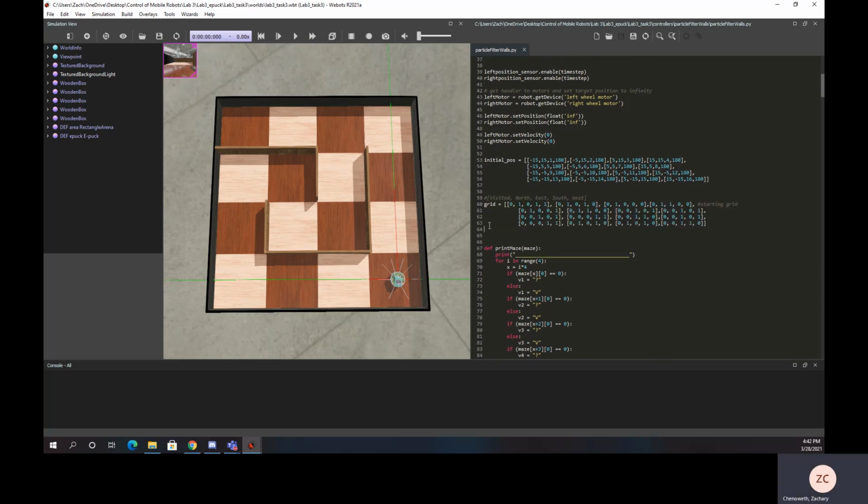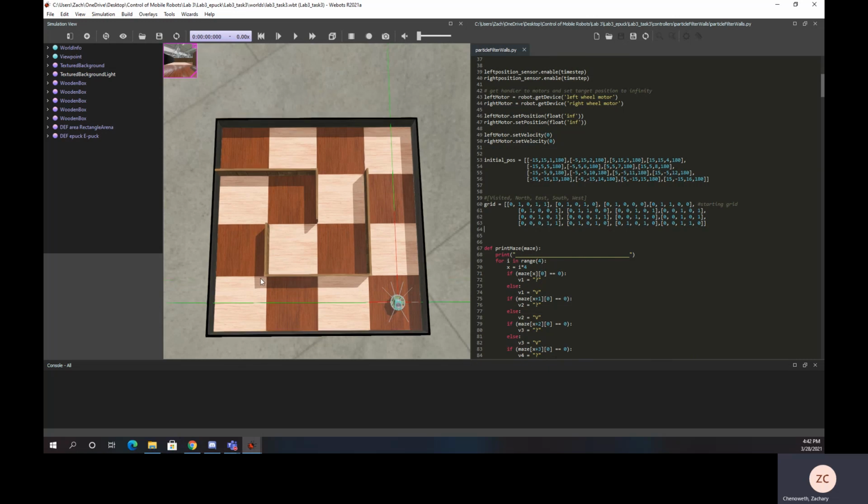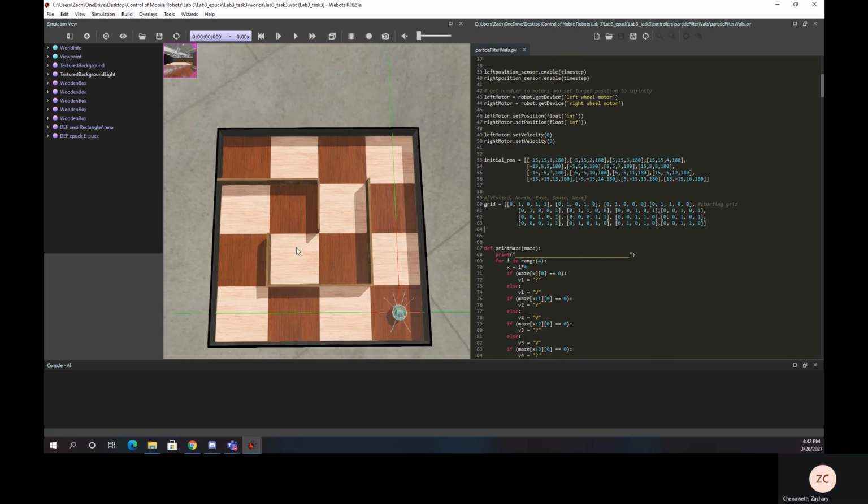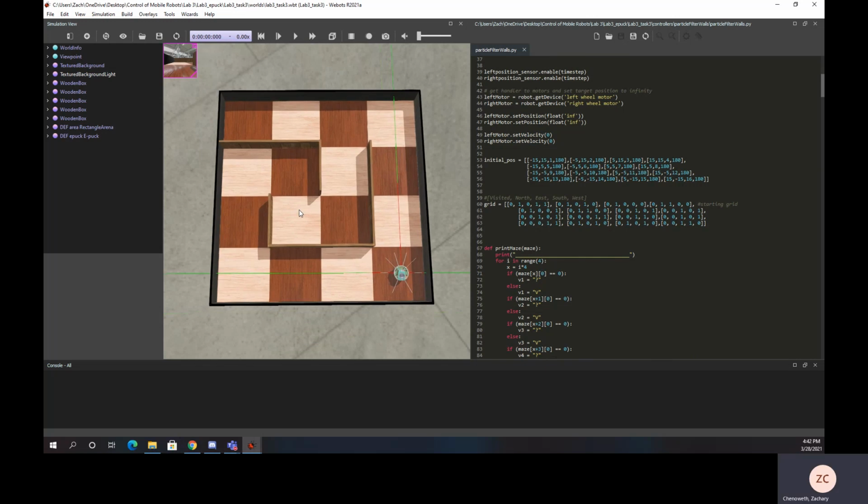This grid here is to let the robot know what the map looks like. So this designates all the walls and stuff like that. Because in order for the particle filter to work, we need some sort of data structure so that the robot knows where all the walls are and whatnot. Because if it doesn't have this, it won't work.